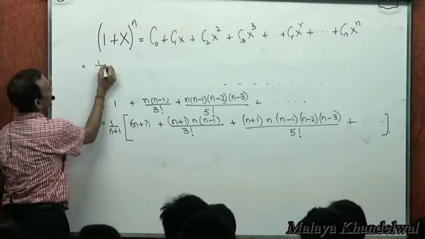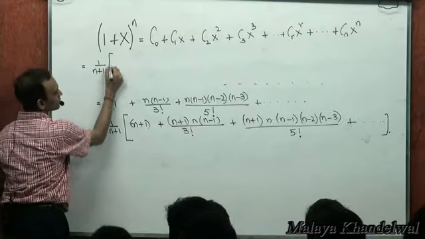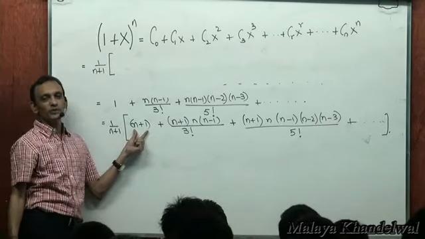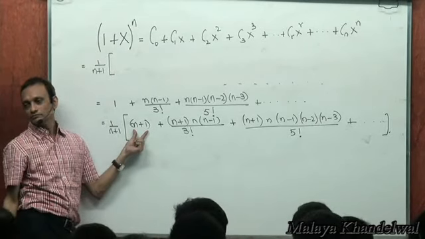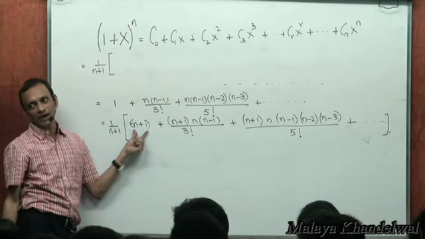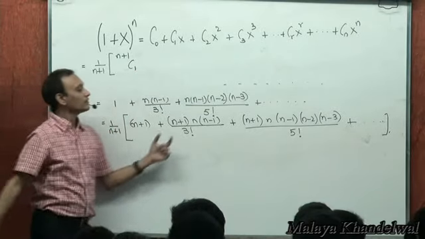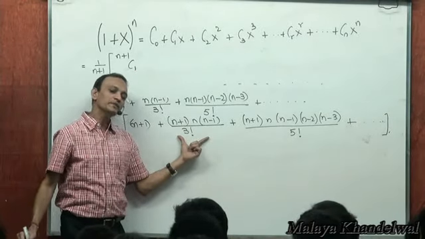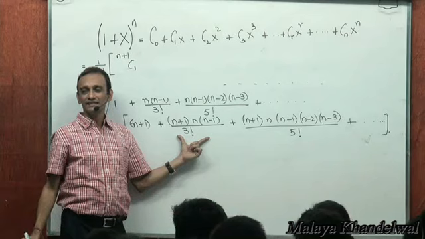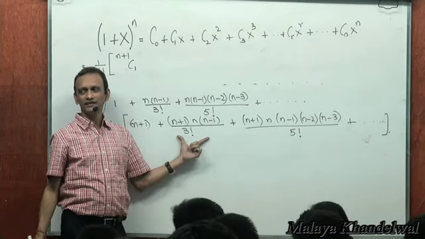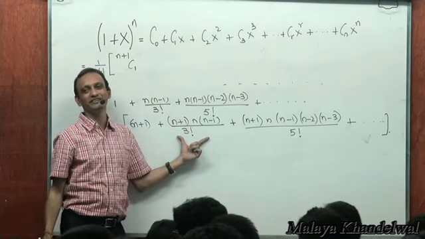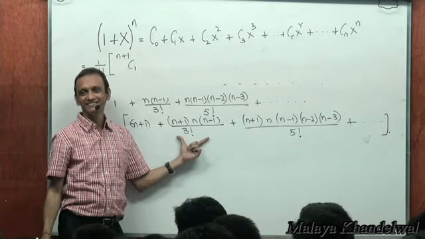This is 1 by n plus 1. This is n plus 1 C1. Check this. This is n plus 1 C3. Come on. You didn't do it that well, whoever did it.